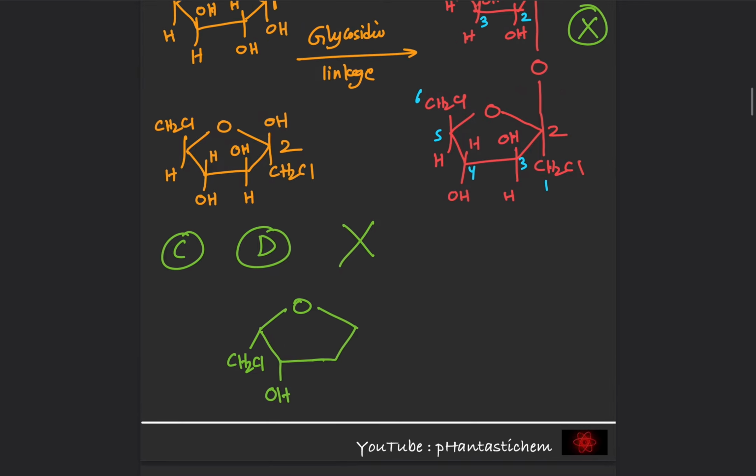You can see here CH2Cl is below the plane and the OH on the third carbon is above the plane. But in both options C and D, CH2Cl and OH are on the same side. So that's why C and D are ruled out.